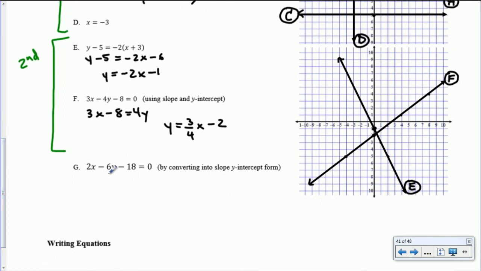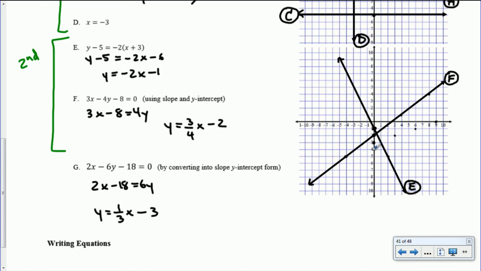Last one on this page. Okay, so 2x minus 18 equals 6y. Divide through by 6. So y is 2 divided by 6 reduces to 1/3, so 1/3 x. Negative 18 divided by 6 is negative 3, so 1/3 x minus 3. There's the y-intercept. 1/3, up 1, right 3, up 1, right 3, up 1, right 3.